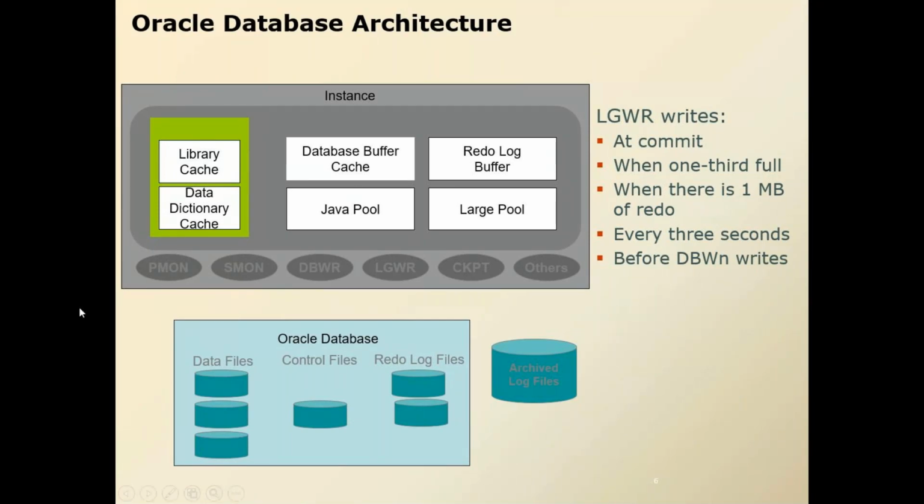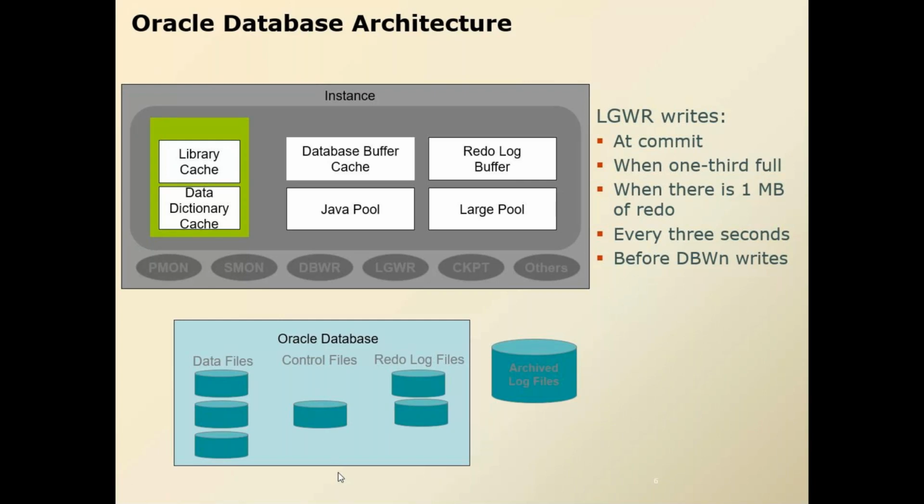Then you have background processes like pmon, smon, database writer process, log writer process, checkpoint, and other processes. Then under the Oracle database, you have data files, control files, and redo log files.